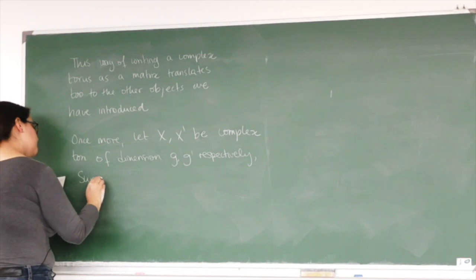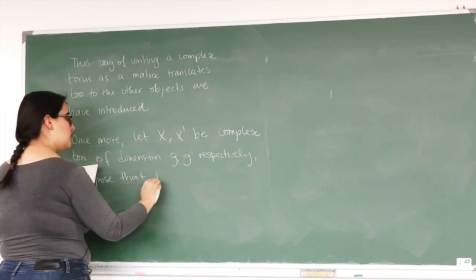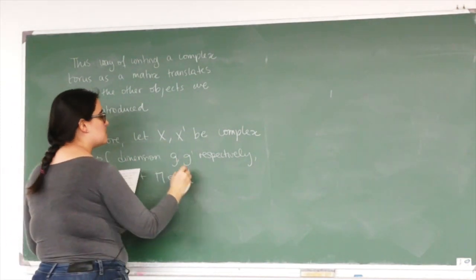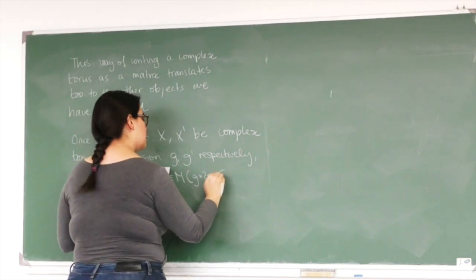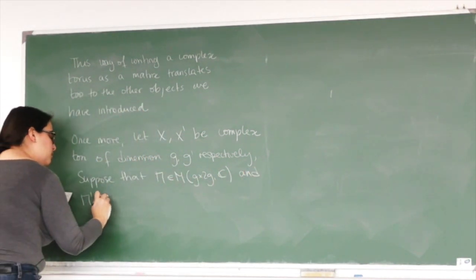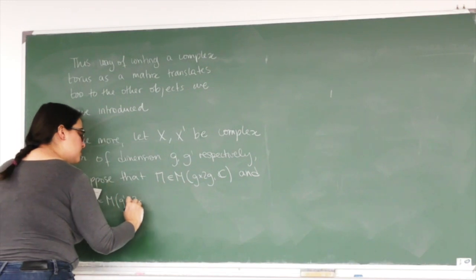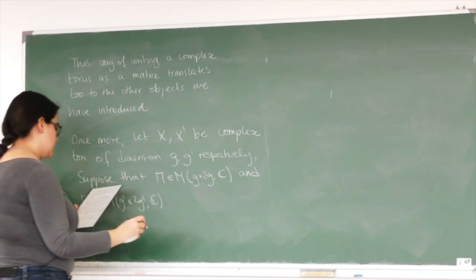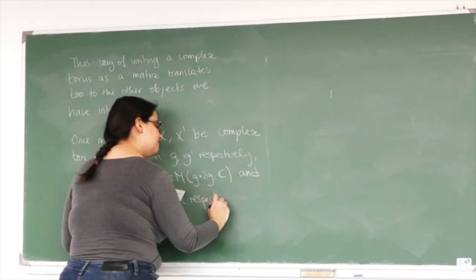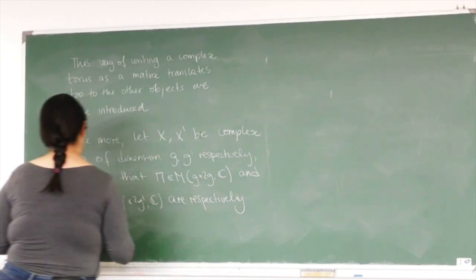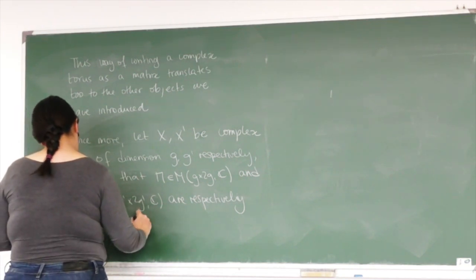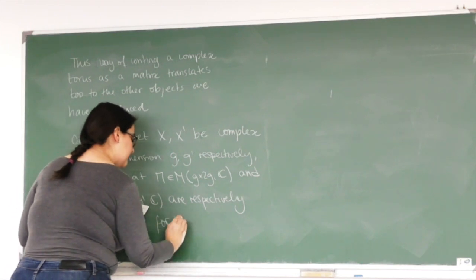So suppose that pi is a matrix, and it has to have the right dimensions for the complex torus X, so g times 2g complex coefficients. And for X prime, we have pi prime, which is g prime times 2g prime complex entries. They are respectively period matrices for X and X prime.